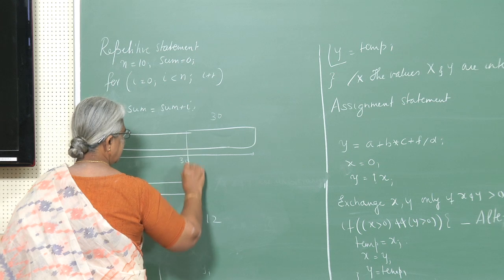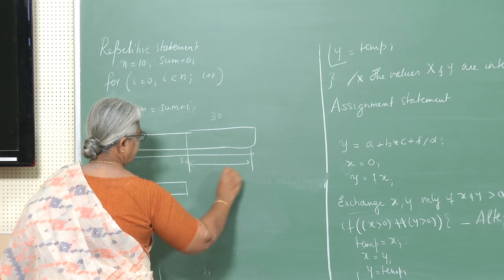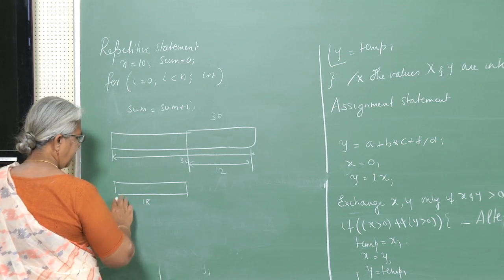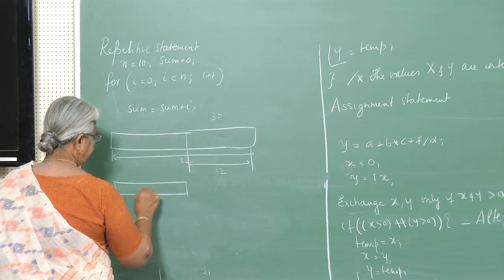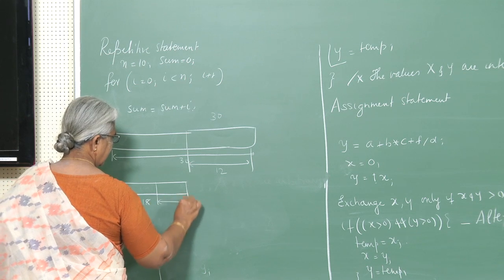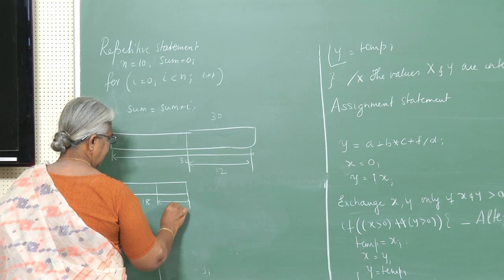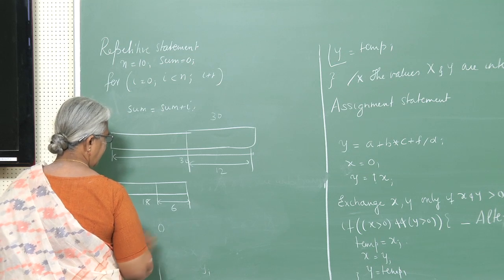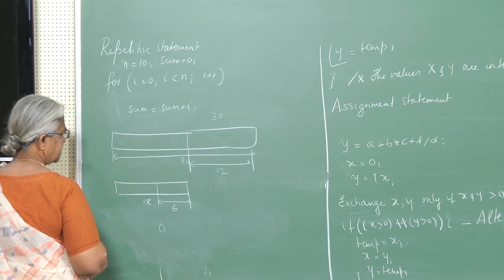Okay, so let me say this is 12. Then what do we do? Then we divide 18 by 12, this will give me 6, and then I divide 12 by 6 and the remainder becomes 0. That means I have found the greatest common divisor.